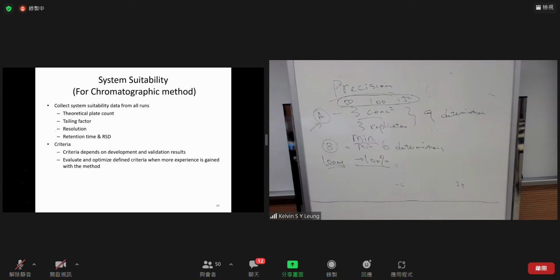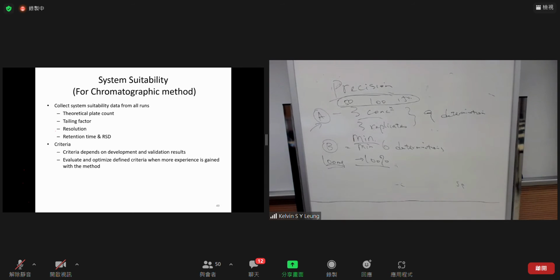There are some requirements, especially in the pharmacopoeia, in USP, which list out requirements for their monographs. If you have to use their method exactly the same, you have to check whether your system suitability has met their requirements.